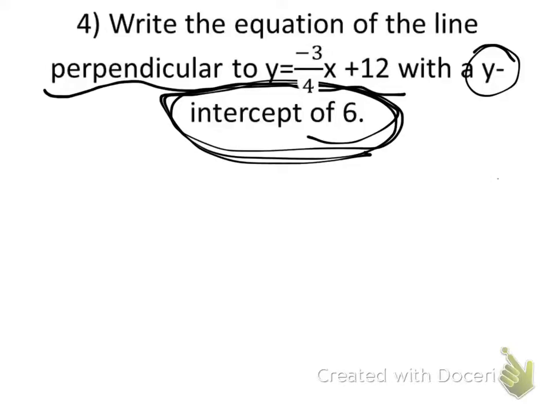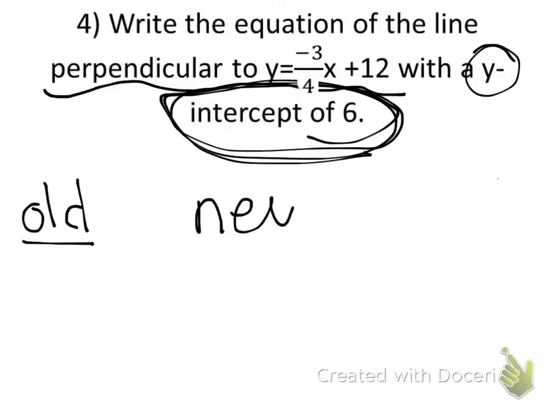There are 6 examples today. So give yourself some space for the old slope and the new slope.